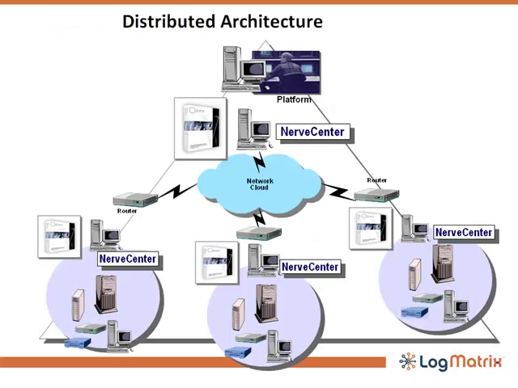So looking at this again in the distributed architecture that we were talking about earlier, you've got a network cloud. And you've got some remote NerveCenter servers along the bottom and one upper-level platform and one upper-level NerveCenter server. What you would ideally want here is for all of those NerveCenter servers at the bottom to run locally, taking care of all the local trap processing, the handling of the day-to-day stuff, turning off and on alarms, making things happen at the local level.